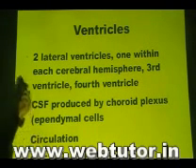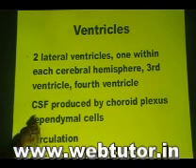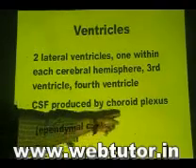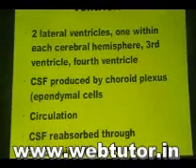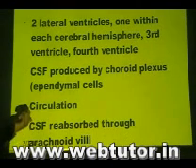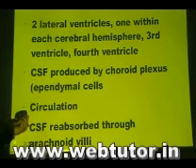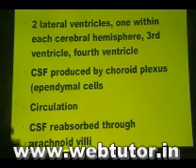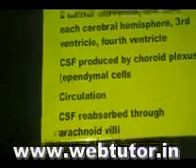Ventricles are the places where your cerebrospinal fluid is produced by the choroid plexus. Choroid plexus have these cells called the ependymal cells. Ventricles are the place where circulation starts, and then the cerebrospinal fluid circulates in the ventricles and around your brain.